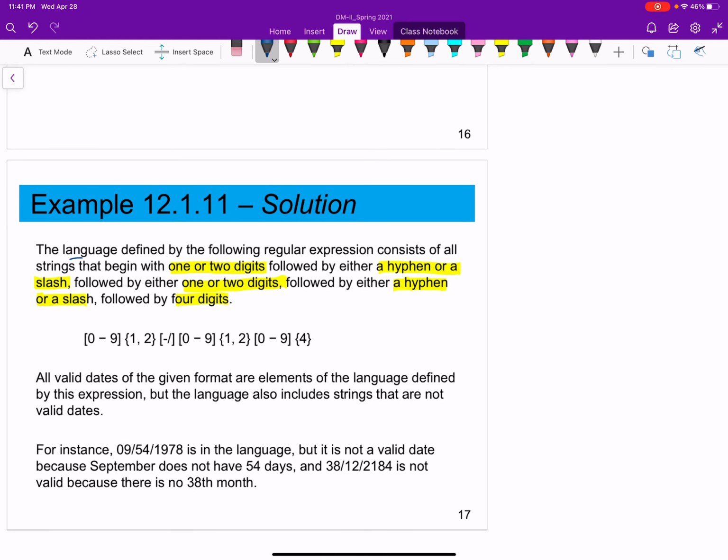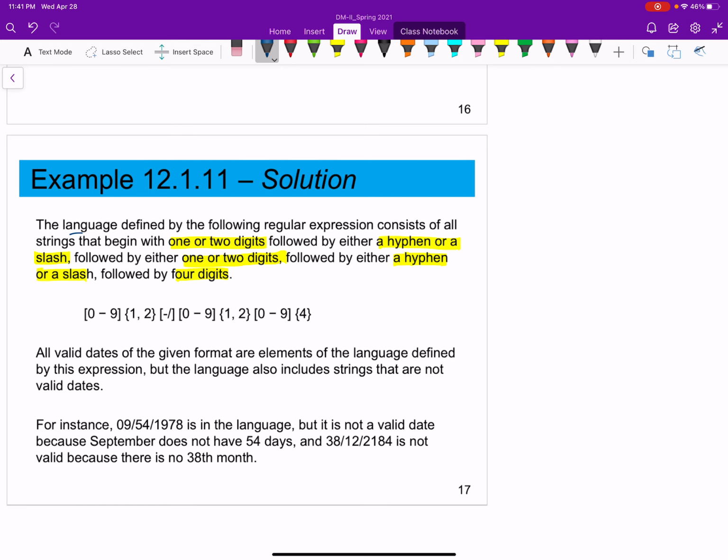All right. Now this is the regular expression we have. It says 0-9. That means this represents numbers from 0 to 9. And then this represents one or two numbers in the previous format.